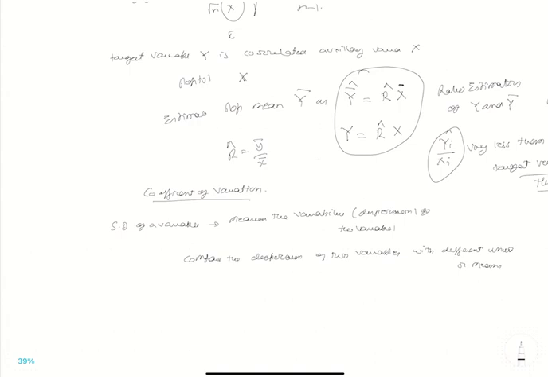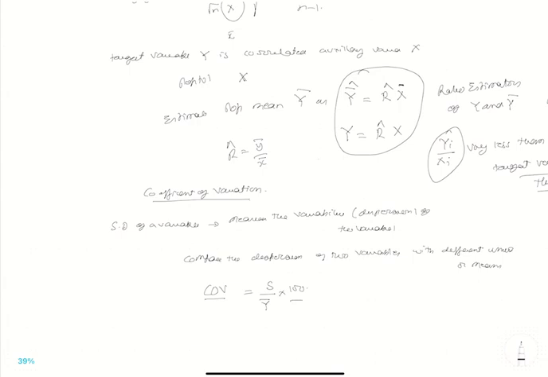So you have to use a coefficient of variation as a measure of relative dispersion, and it is really just what it is. It is the standard deviation divided by the mean. So that is the coefficient of variation. It can sometimes be expressed as a percentage also, then it becomes percentage coefficient of variation.